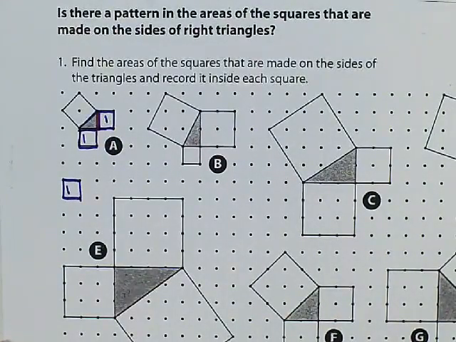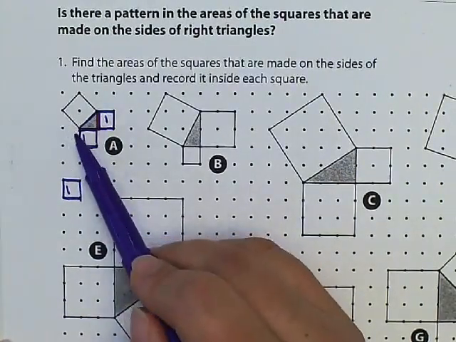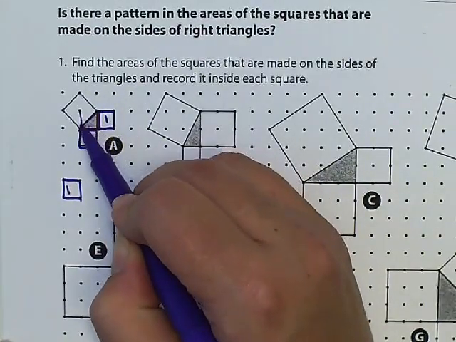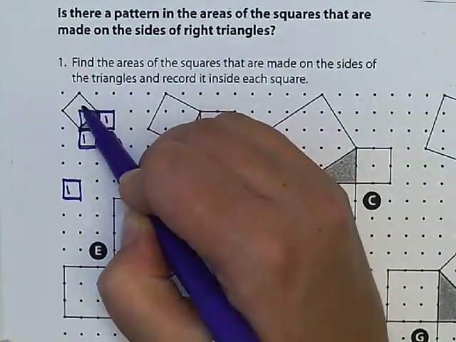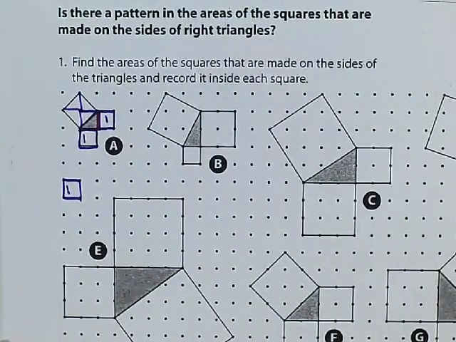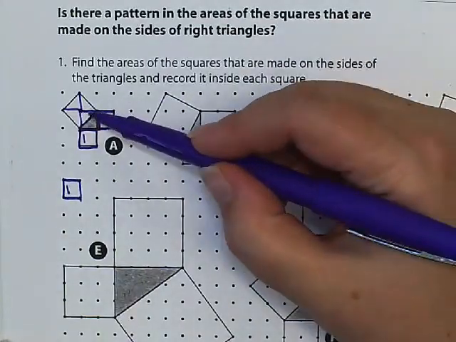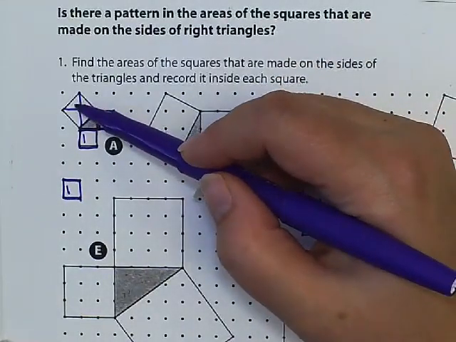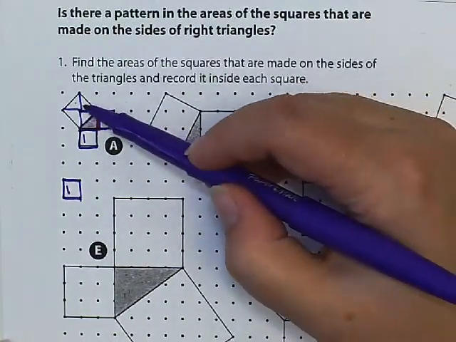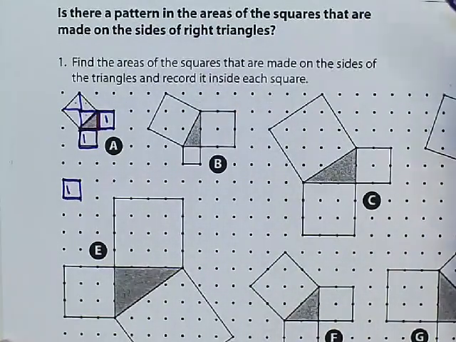Now if we look at the last square on that triangle, it doesn't look right on the dots. So if you look here, what I'm going to do is I'm going to break this up into different triangles like this. Okay? So if you look here, if I add this triangle to this triangle, that would be 1. And if I add this triangle to this triangle, that would be 1.